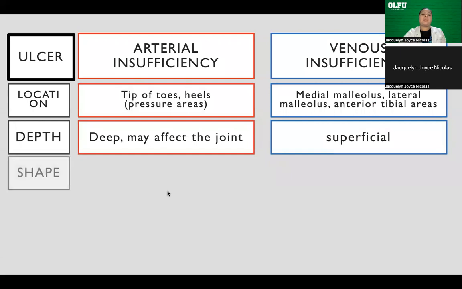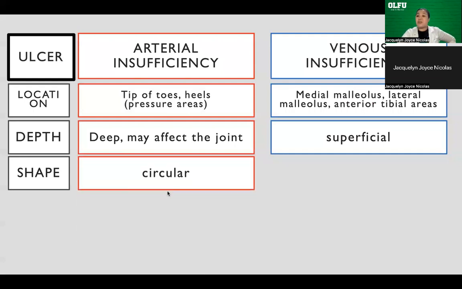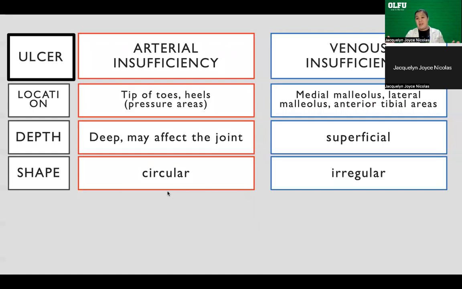Okay? Next, shape. The shape of ulcerations in arterial are quite circular. Alam nyo, meron pa nga silang parang, alam mo yung, parang ito yung sugat, then para siyang may wall. Okay? So, ganun yung characteristic niya. For venous insufficiency, it's quite irregular. Okay? Jagged. Okay?